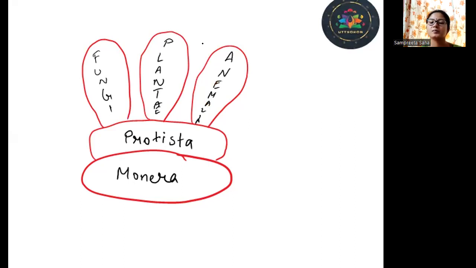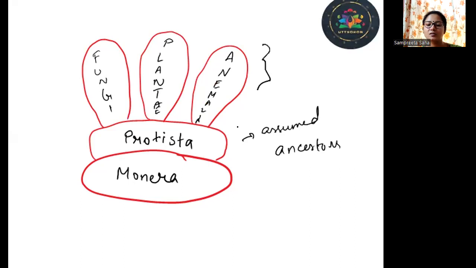All right. So from this arrangement, we can say that the protists are the assumed ancestors of all these three kingdoms.